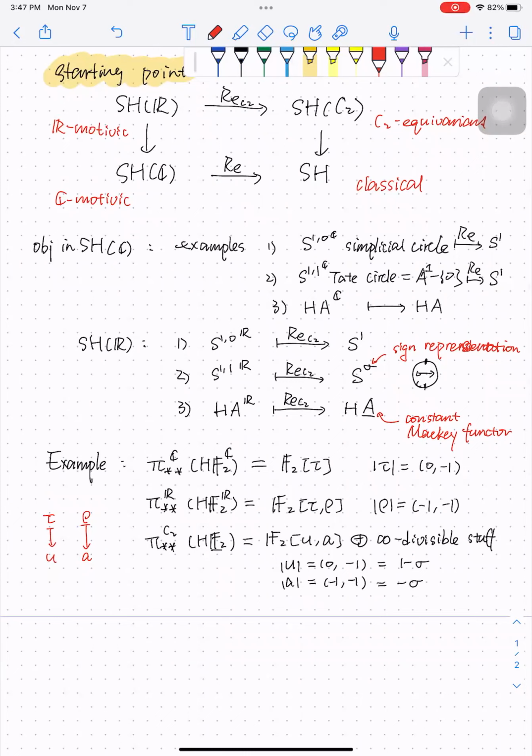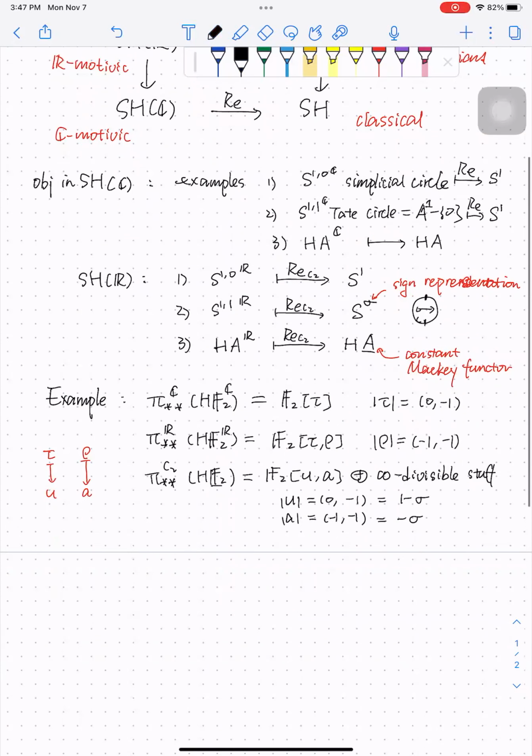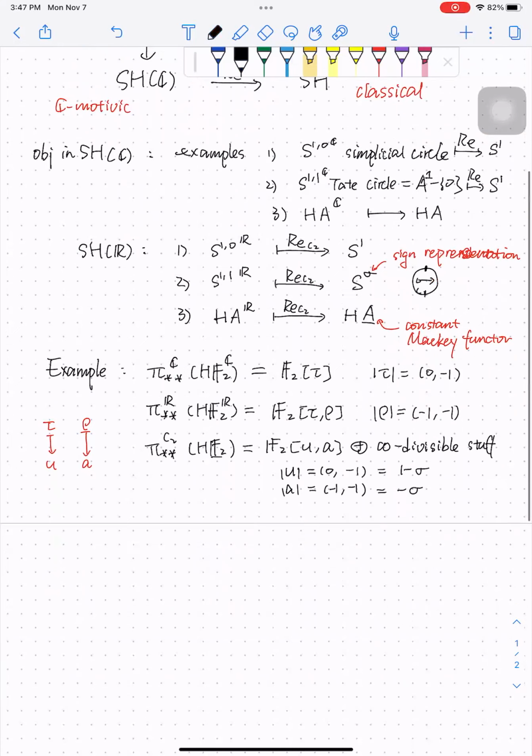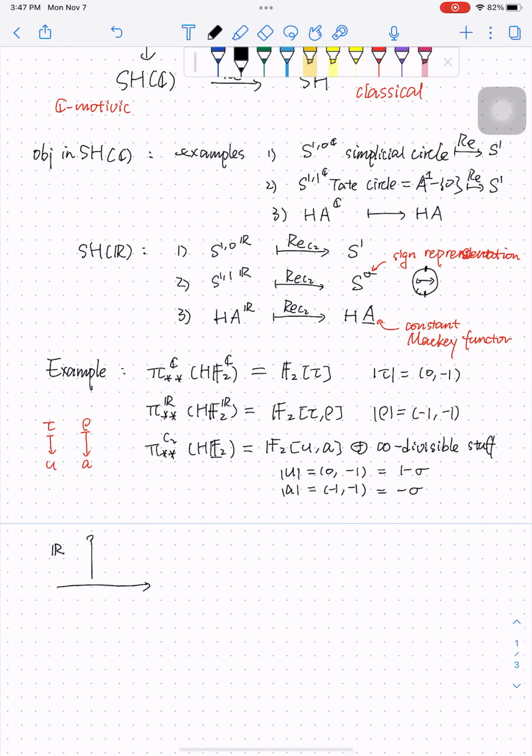Sometimes people like to draw pictures for these coefficient rings. R-motivically, it's usually drawn like this. So this is the first grading, which we call S, and this is the other grading, and rho is here, tau is here.